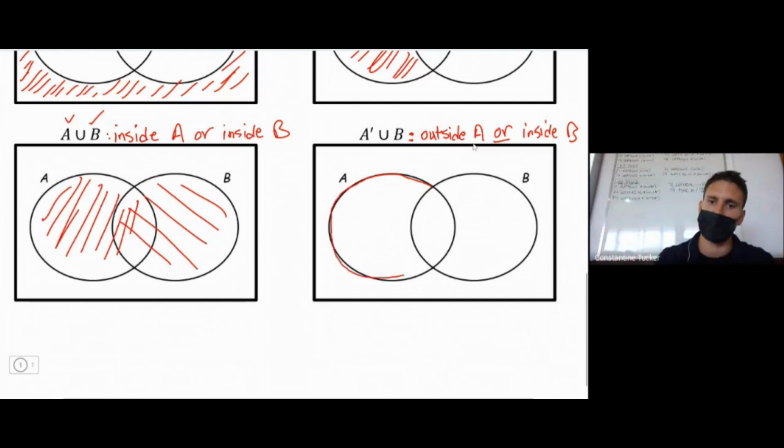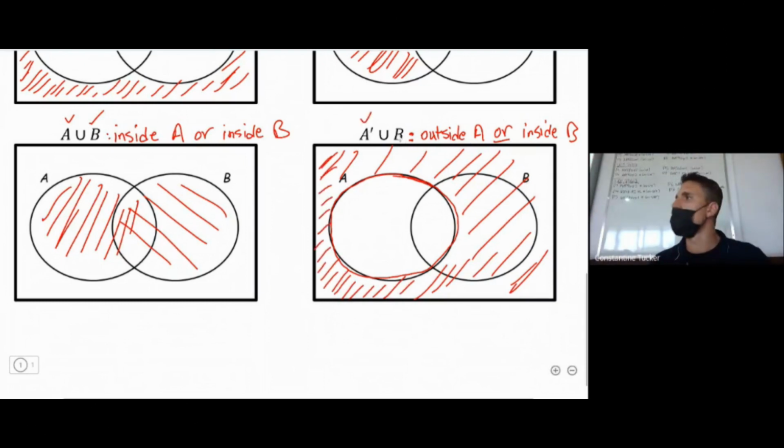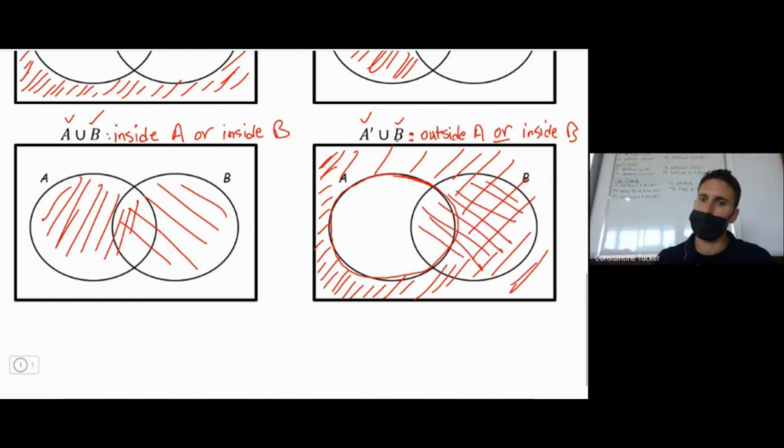I'm putting in a red circle there. That is A. We're going to be outside A. Everything, without caring if there's other circles there. Don't feel annoyed if we're shading over other circles. Now we move on to B. Now they say shade B, or inside B. So let's go ahead and shade B in here. See, we were missing a bit from B, guys. It wasn't already done. And now we've got everything that we've been asked to shade here.